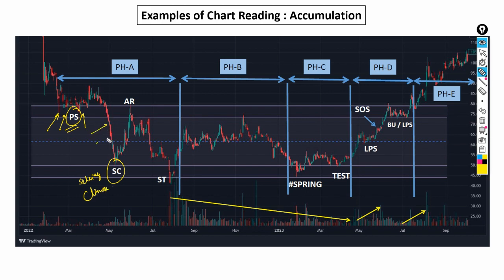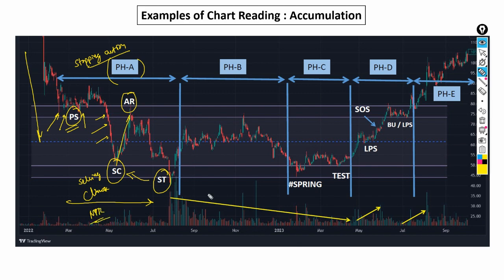You see how there is a capitulation of the weak hands within this sharp down move, and then we get a strong automatic rally and again falling back to have a secondary test of the selling climax. So phase A is associated with the stopping action. The intention here is stopping the stock from falling in a downtrend and then entering it into a non-trending environment.